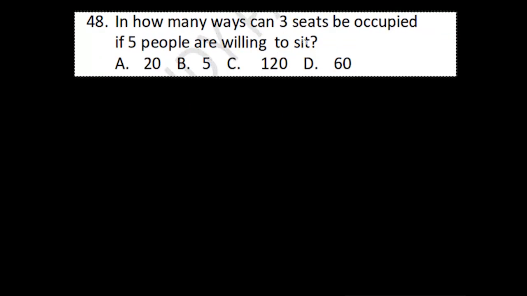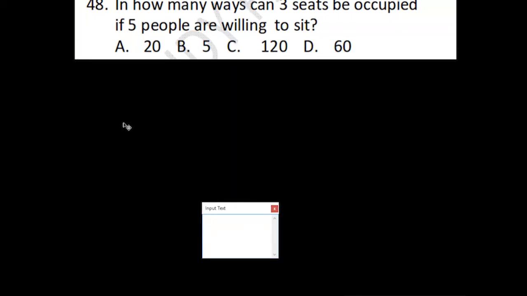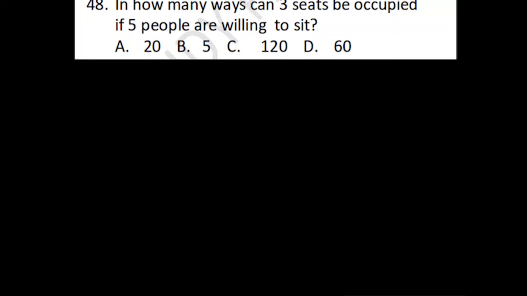In how many ways can 3 seats be occupied by 5 people who are willing to sit? So how many ways can we actually pick 3 seats from 5 people first? Picking 3 from 5 people, that's 5 combination 3, which will give us 10 ways.